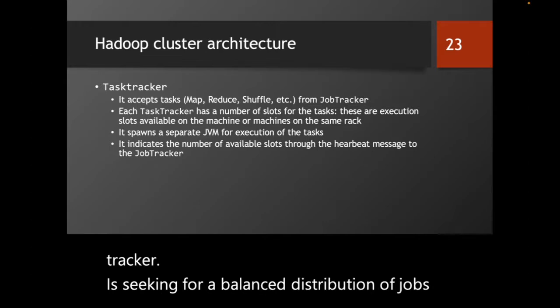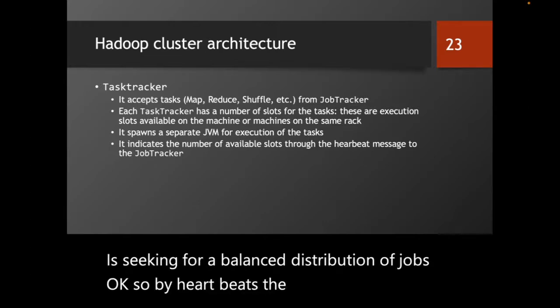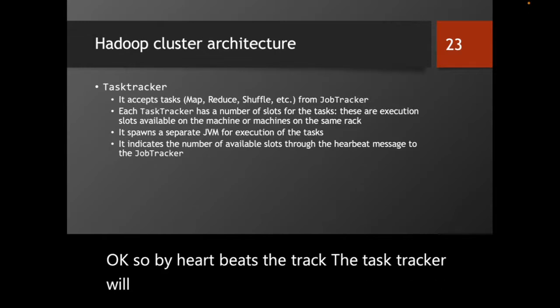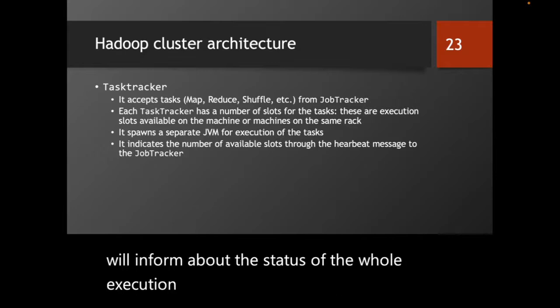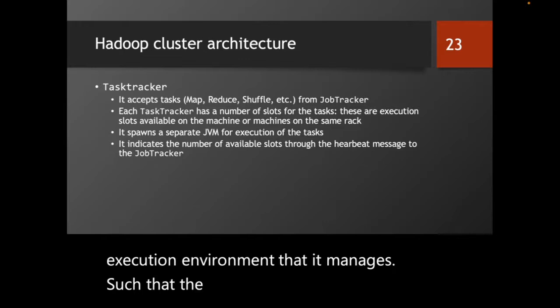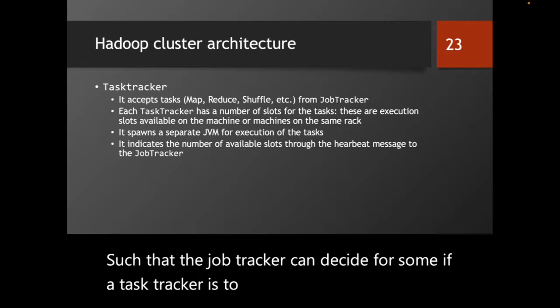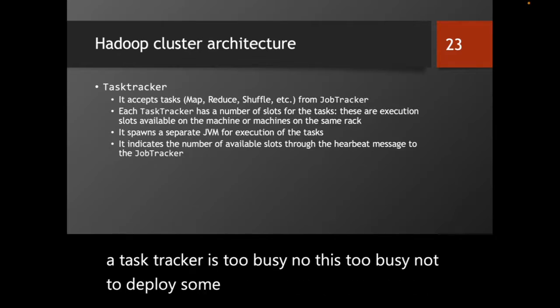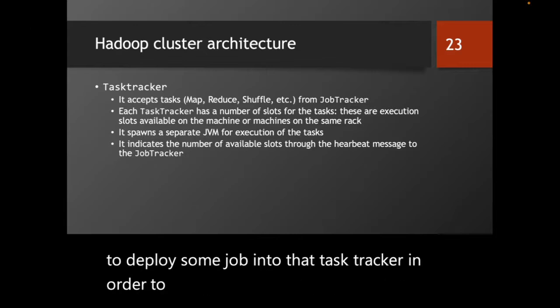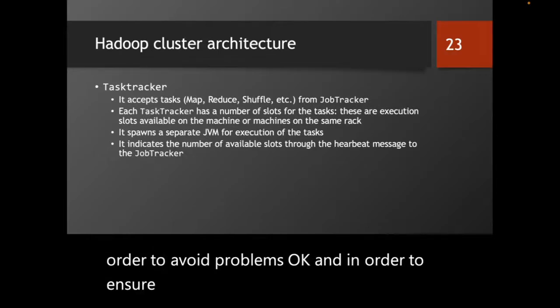So by heartbeats, the task tracker will inform about the status of the whole execution environment that it manages, such that the job tracker can decide, if a node is too busy, not to deploy some job into that task tracker, in order to avoid problems and to ensure a balanced distribution of the jobs.